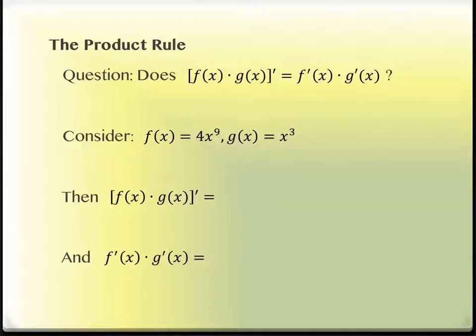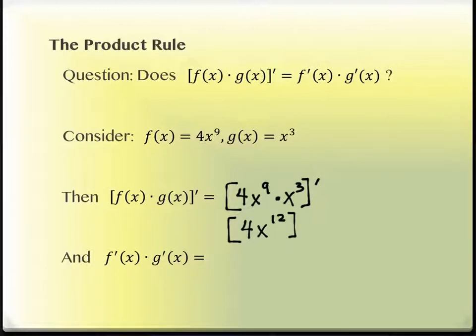So that we can examine this property, the first thing we're going to do is multiply them together and then take the derivative. So I have 4x to the 9th times x cubed. I want to take the derivative of this after I multiply, so we multiply first, inside the parentheses. What is 4x to the 9th times x cubed? 4x to the 12th. The property of exponents says I add my exponents, 9 plus 3.